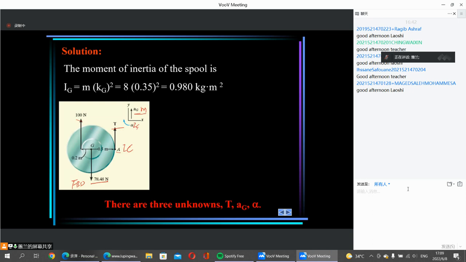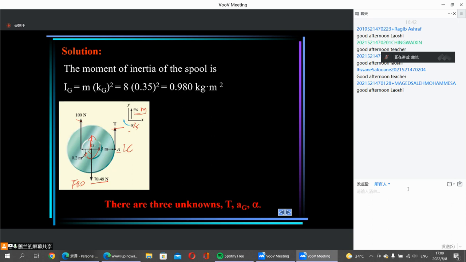One more thing. We always say the sense of the acceleration of the mass center should be consistent with the angular acceleration. So here AG is going up, so alpha should be clockwise.